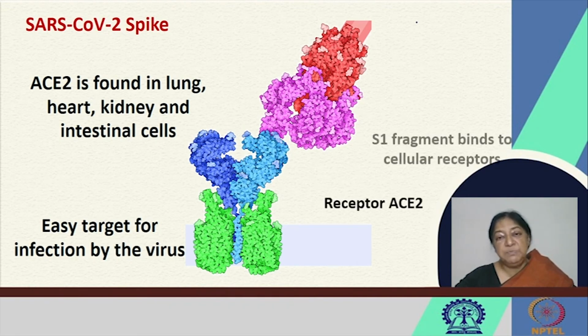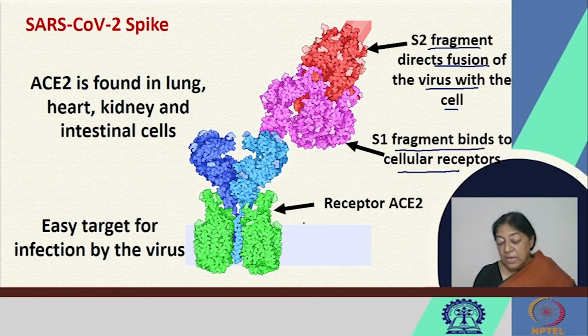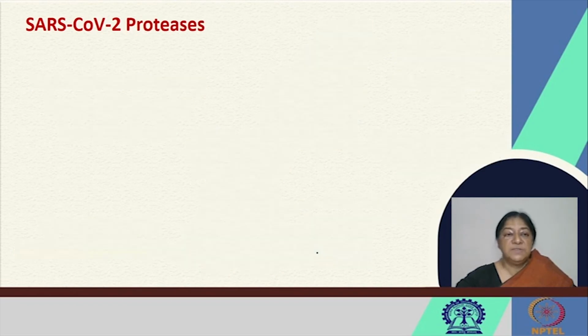So we have the receptor, we have the fragment that binds to the cellular receptor. And this S2 fragment directs fusion of the virus with the cell. The S1 fragment binds to the cellular receptor, and this is the receptor present on the cell membrane, providing an easy target for infection by the virus.